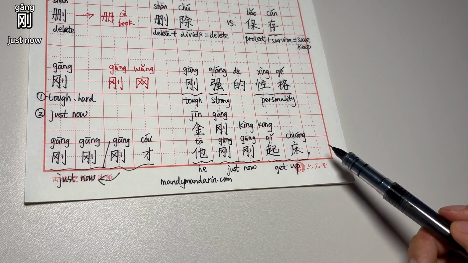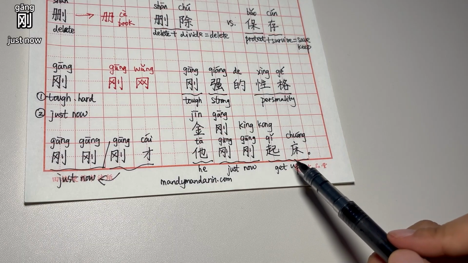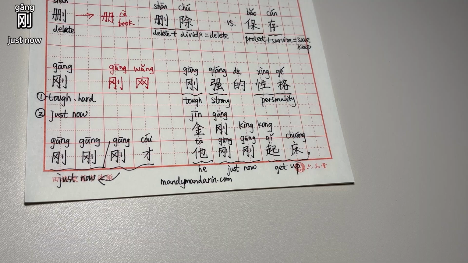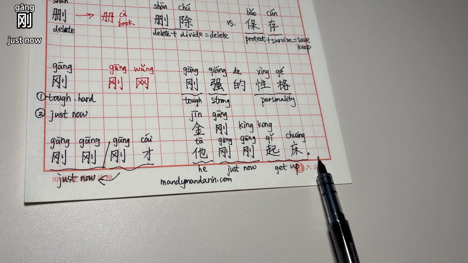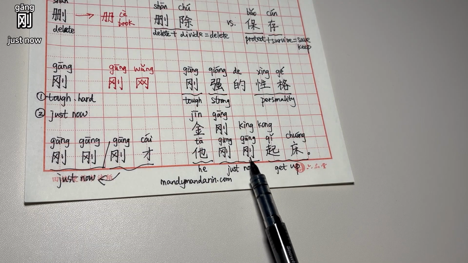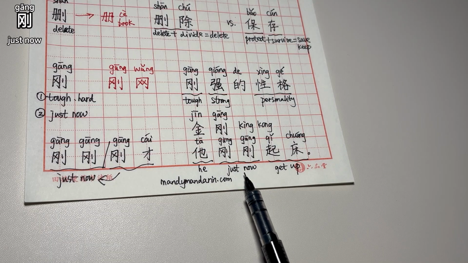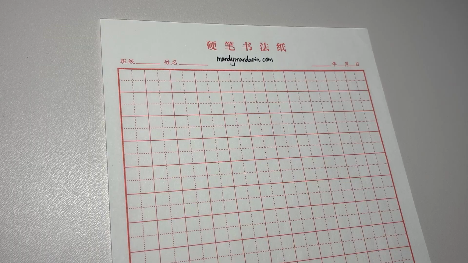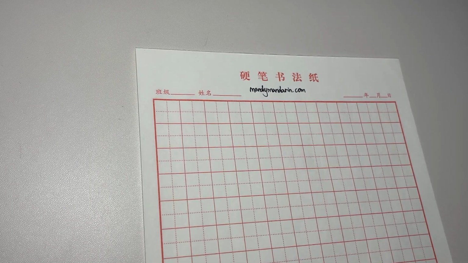Actually it already happened, so he just got up, or he just woke up. You can see it's not always necessary to use the 了 to talk about the past, because we already have the 刚刚, which means just now, so we already know that you talk about the past. So the 了 is not necessary; you can have it and you can drop it. Let's continue to the next one.